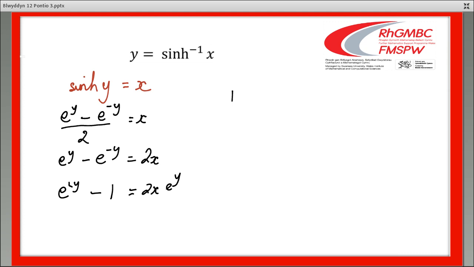Take the 2x over, and that will give me e to the power of 2y minus 2x e to the power of y minus 1 equals 0. Now instead of having x squared plus a number equals 0, as you were so used to doing at GCSE, we now have a quadratic in e to the power of y.